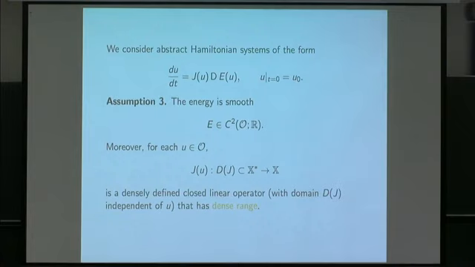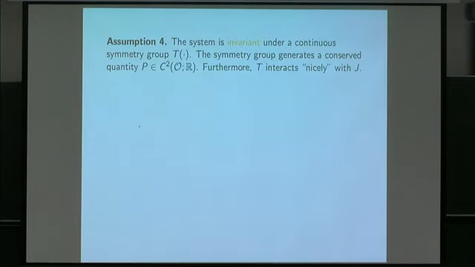And whenever you have u in O, we have that J of u, on its domain of definition, is a densely defined closed linear operator with a dense range. So it doesn't have to be surjective anymore, but it does have to have a dense range. All right, so we assume also that there's an invariance under some symmetry groups, so translation is really the main interest, and that this gives you a conserved quantity.